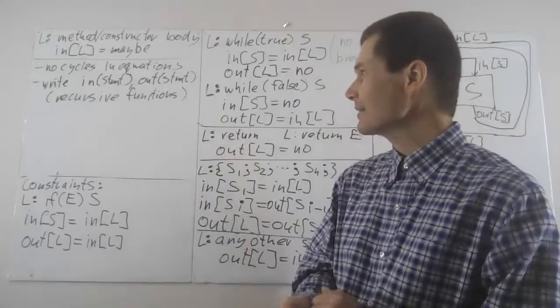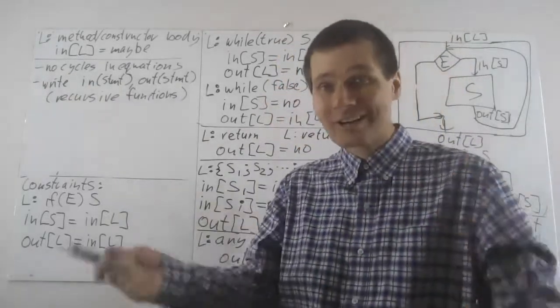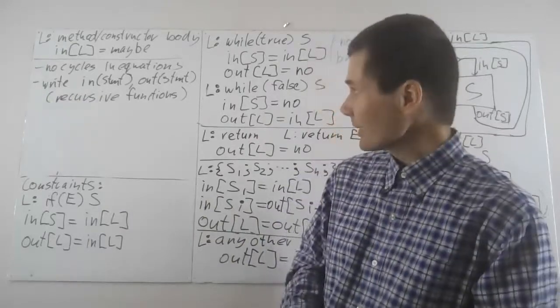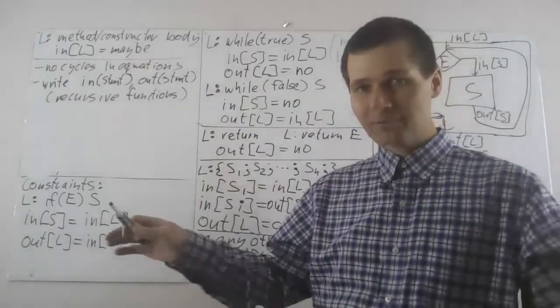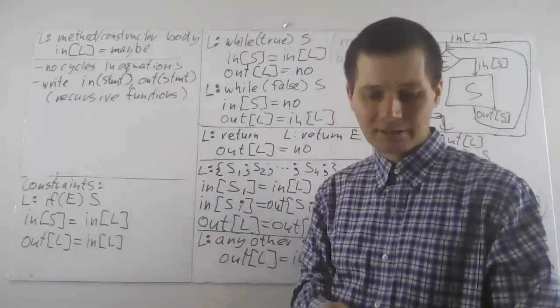So this would be bad. This is why it's nice that this particular analysis doesn't have any cycles. So you could just write these two functions, and the function bodies are going to be exactly the equations.